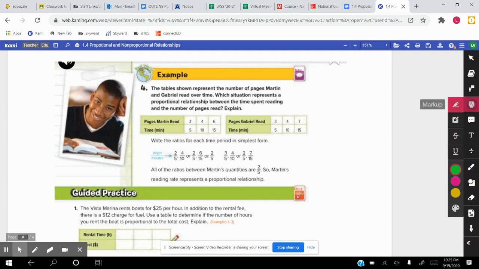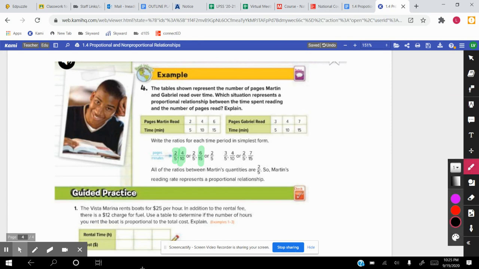So below they have 2/5, 4/10, and 6/15. 4/10 can be reduced down to 2/5, as well as 6/15 being reduced down to 2/5.